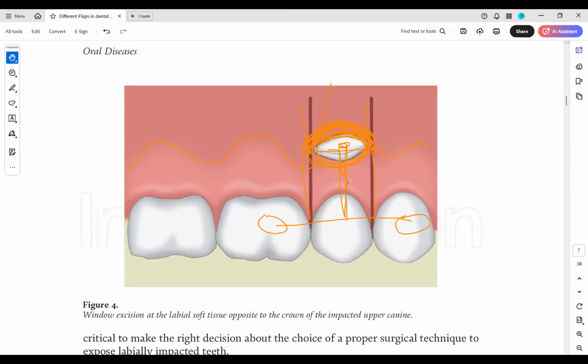So basically you're bonding these brackets and doing the fixed orthodontic treatment. You're exposed. Now you're keeping this canine exposed, and the flap was sutured back in the apical position to the canine. So it is an apically positioned flap to expose the canine, and then the orthodontic traction will bring the canine down. Open technique. Clear for everyone?